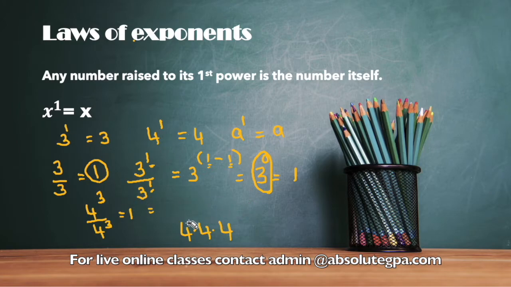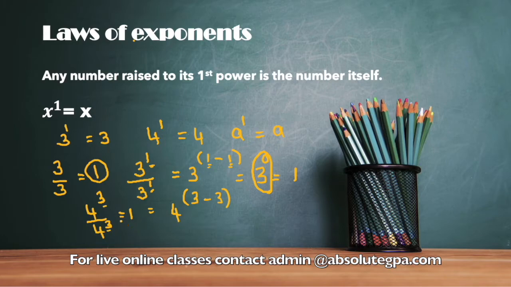What is the other way to represent this division problem? If you apply the rules of division of exponents, we can write this one as 4 to the power 3 minus 3, which is our division law.